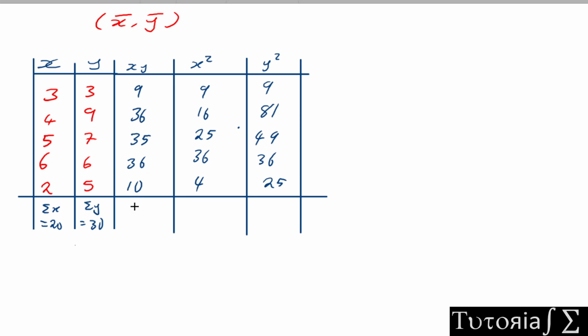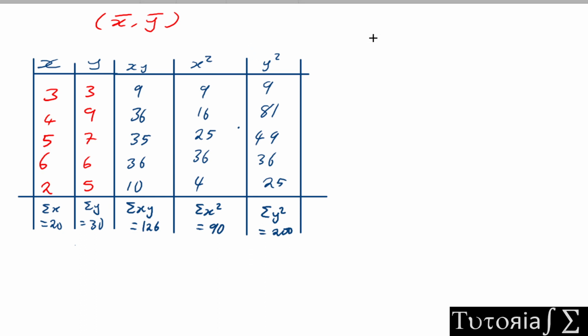The summation of x squared will be 200, I mean, the summation of x squared will be 90, and the summation of xy will be 126. So when you're done completing the table like this, now you can find the lines of regression for x on y and y on x.